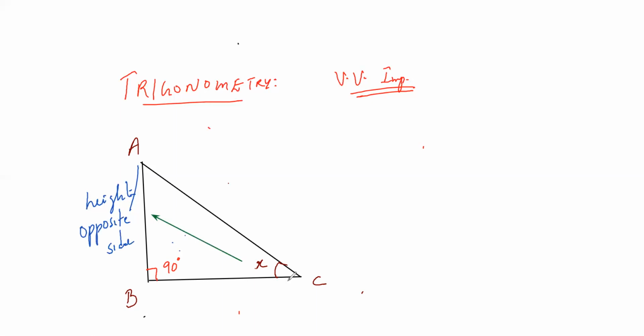Then the side adjacent to X, BC, is called the adjacent or base. And the longest side in a right angle triangle is the hypotenuse.